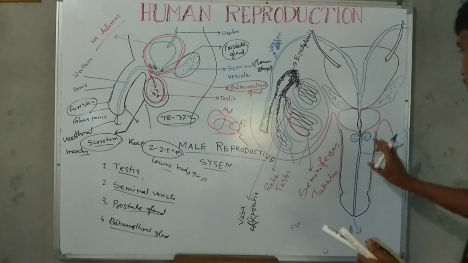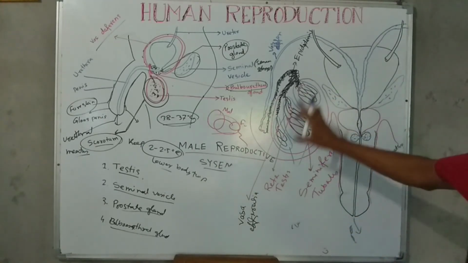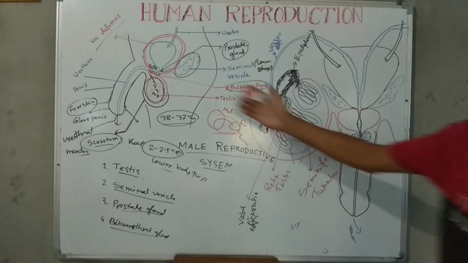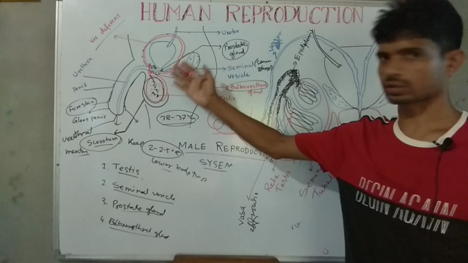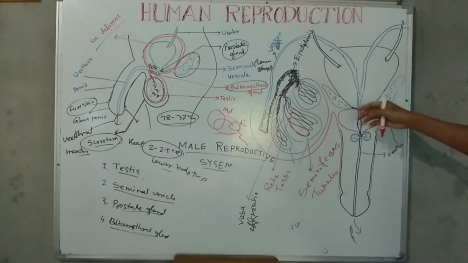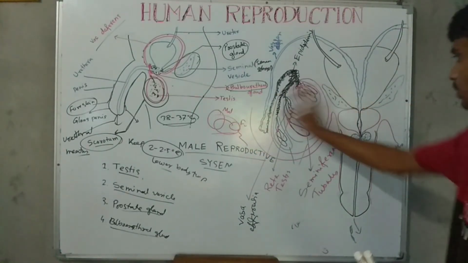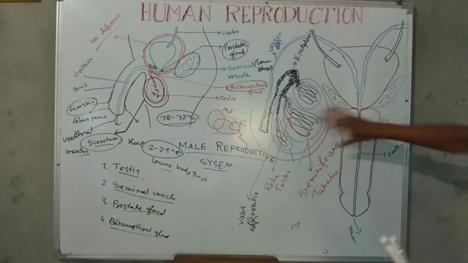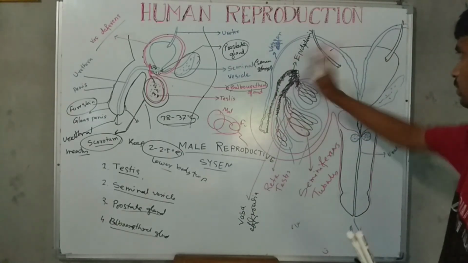So here you can see the basic structure of the male reproductive system. This was the cross section, and here it is from the front view. This is one testis, and here will be the other testis. I have shown only one side.